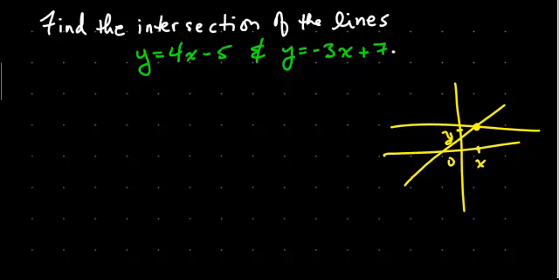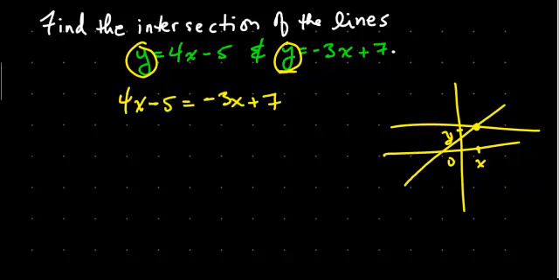So we set those 2 equal to each other and see what x value pops out. So we set this y, y equals 4x minus 5, so 4x minus 5 equals this y, but this y is negative 3x plus 7.